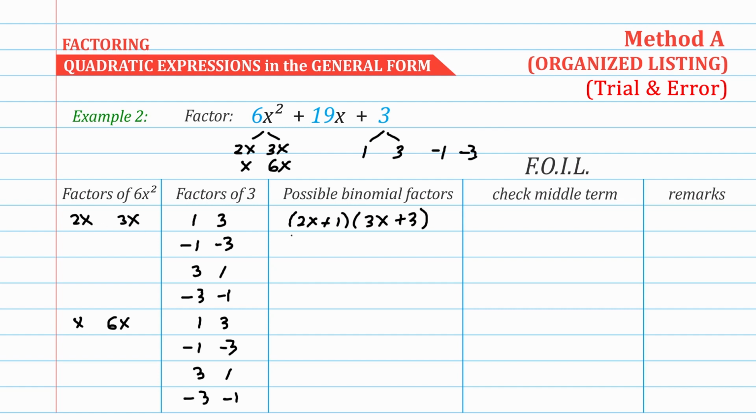Next, partner 2x minus 1, and then partner 3x minus 3. Then 2x plus 3, I hope nakakasunod kayo. And then partner 3x plus 1. And then 2x minus 3 rather, 3x minus 1.